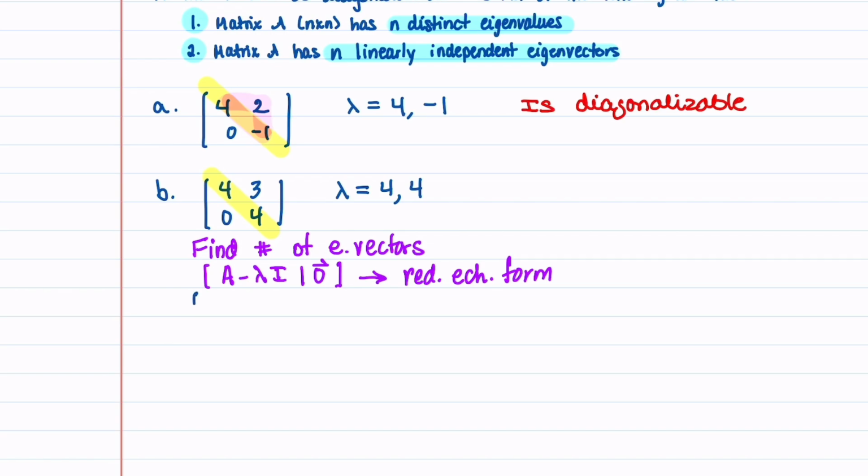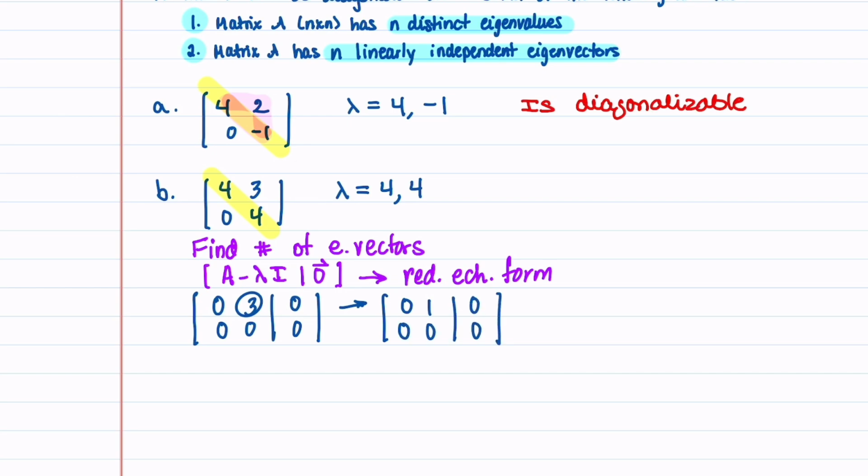Let's go ahead and do this. We're going to subtract our eigenvalue 4 off the main diagonal, so we get 0, 3, 0, 0. So this is actually not bad at all. I'm going to look at this pivot, and let's make that a 1. So our matrix is 0, 1, 0, 0, 0, 0.